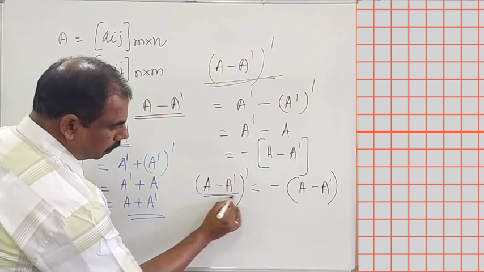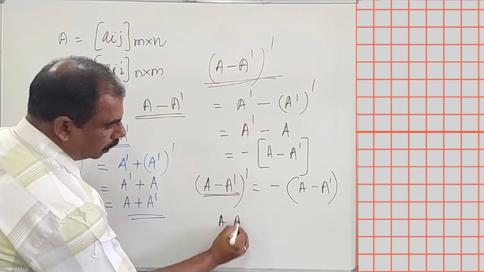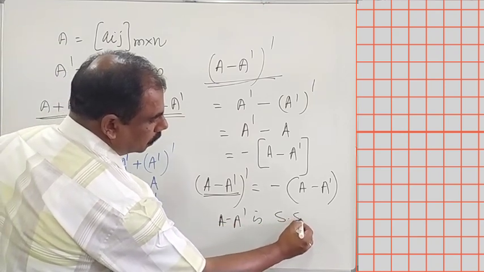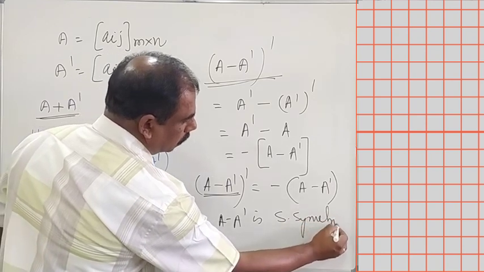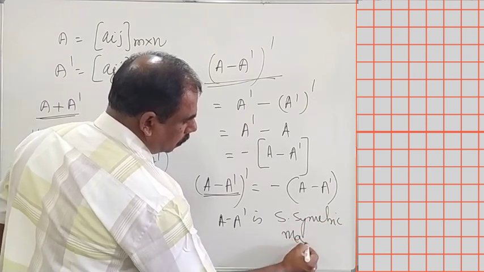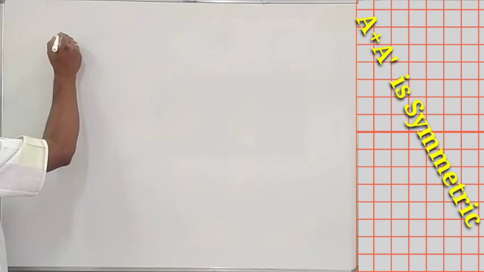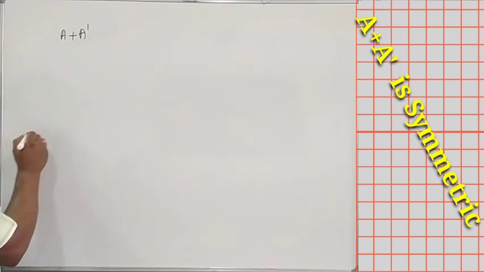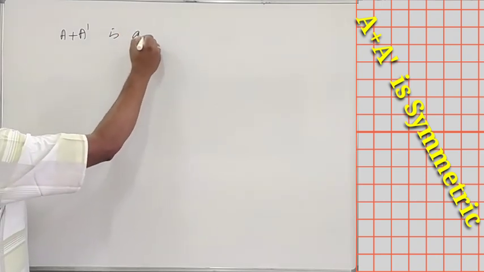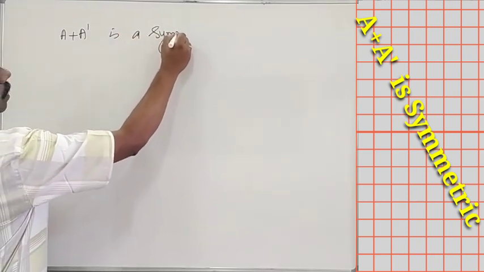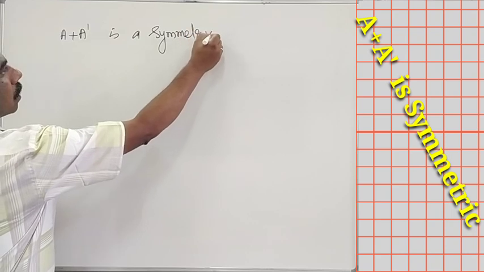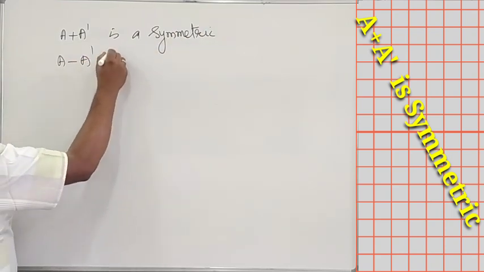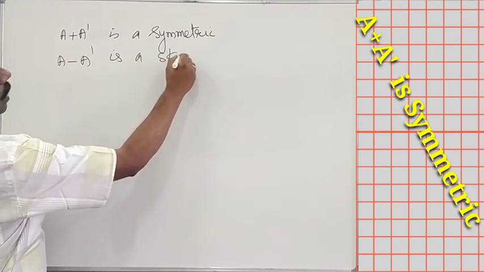Hence, we can say that A minus A transpose is a skew symmetric matrix. We have proved that A plus A transpose is a symmetric matrix and A minus A transpose is a skew symmetric matrix.